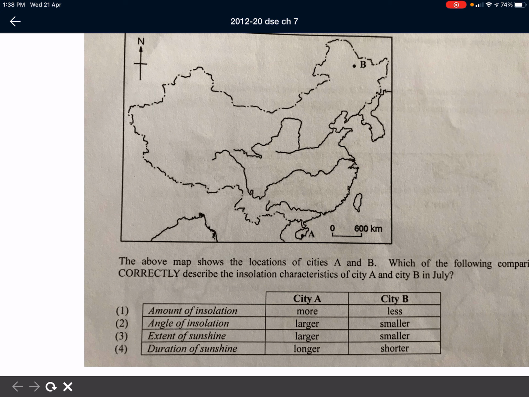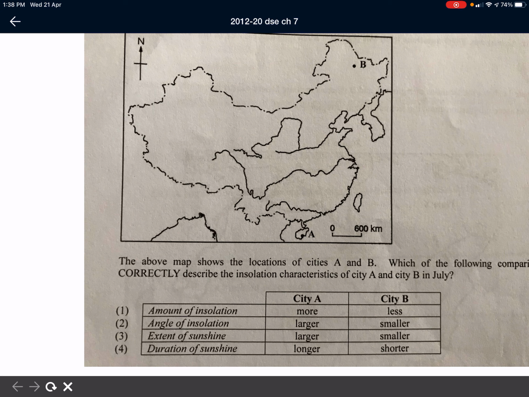How about number 4? Indeed, the answer is quite obvious, but let's go for number 4. Duration of sunshine. City A is longer and city B is shorter. Isn't it the case? It varies. Okay, but for July, the overhead sun should be at its highest angle, in the Tropic of Cancer.